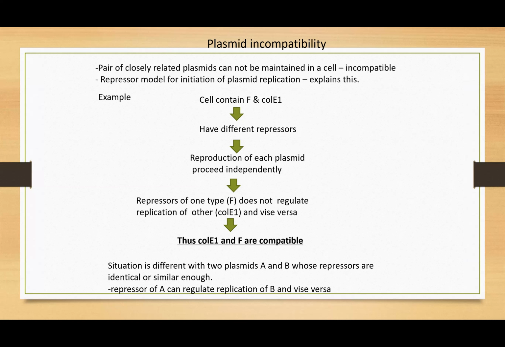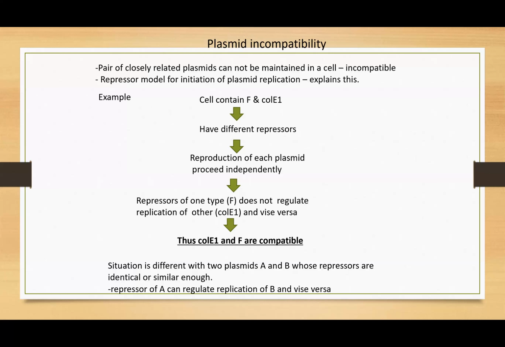The incompatibility of plasmids can also be explained by the repressor model, which I explained to you earlier with respect to maintaining the copy number. The same repressor model can also explain plasmid incompatibility, that is, why two plasmids cannot maintain themselves together.